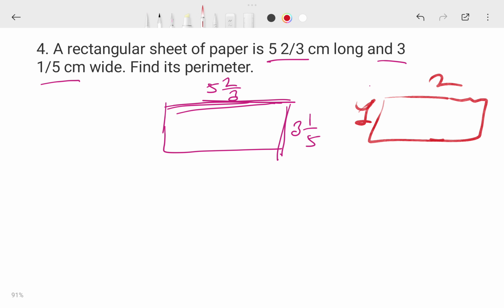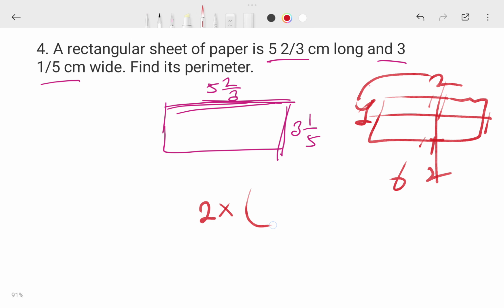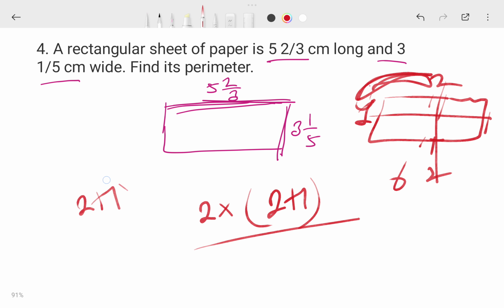So here, what we will do is add this one. Both are the same, so you can write it like that or like that. Then you can add: 2 plus 4, 4 plus 2, that's 6 only. Or otherwise, you can multiply 2 with this one: add 2 plus 1, this is going to be 3, and then multiply by 2, that's 6 only.